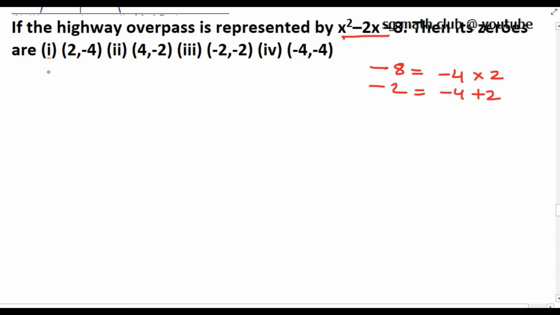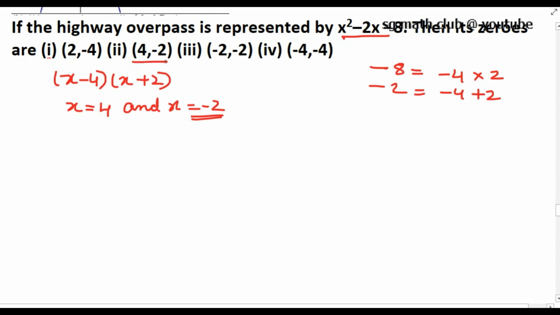So x minus 4 and x plus 2 are the factors. So the zeros will be x is equal to 4 and x is equal to minus 2. So this will be the option 4 and minus 2.